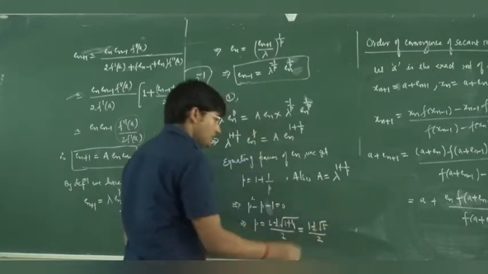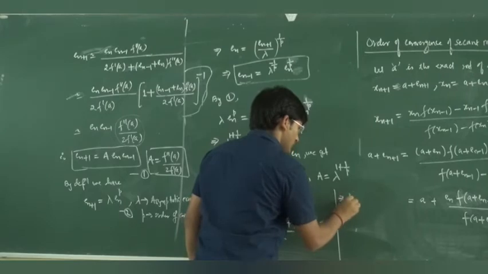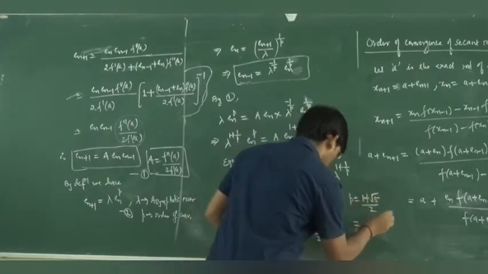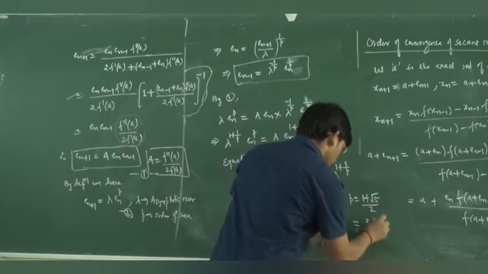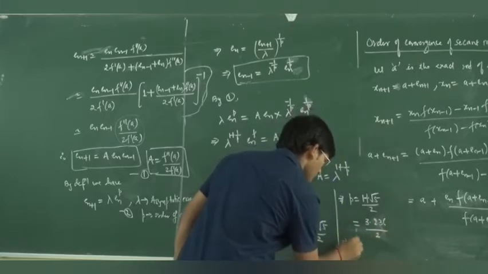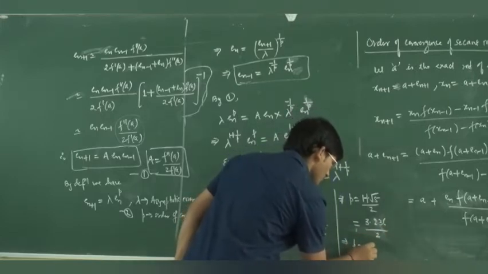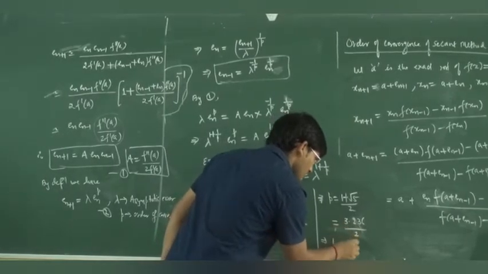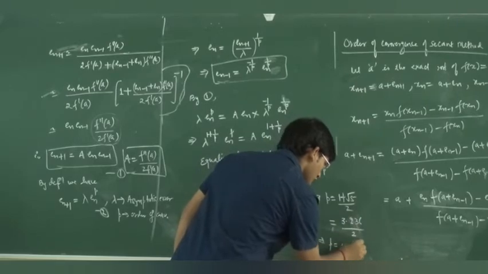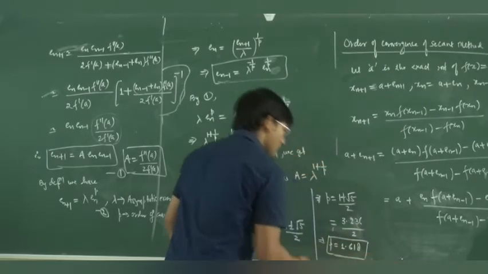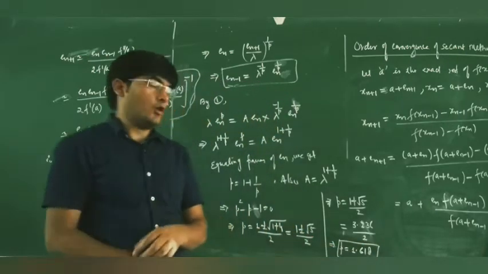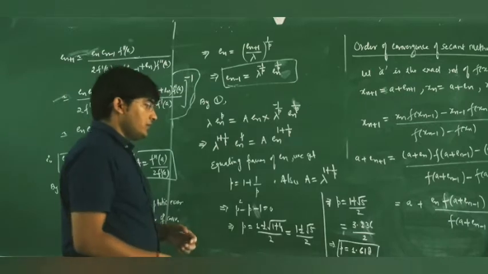Now if you take the positive sign, then we will have 1 plus root 5, that is 3.236, divided by 2. So from here we get p equal to 1.618, which is more than the order of convergence in case of linear convergence.